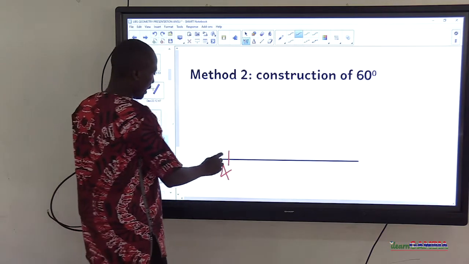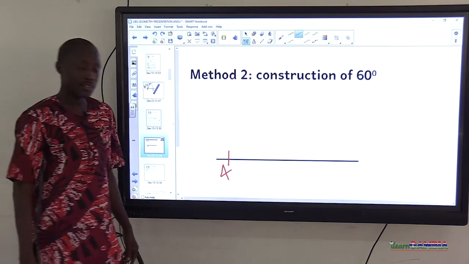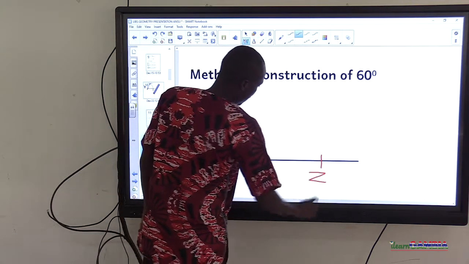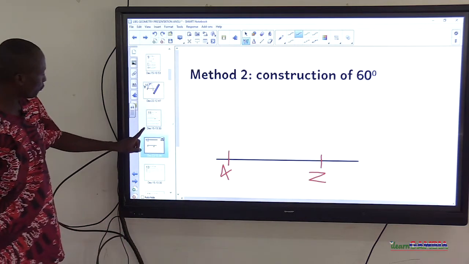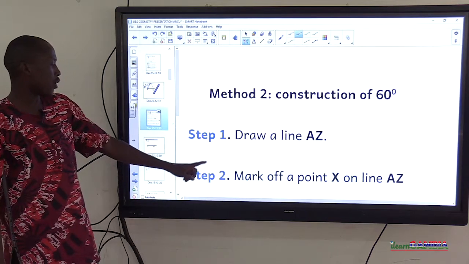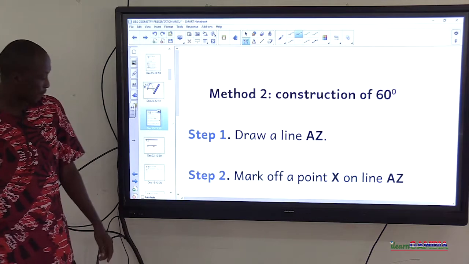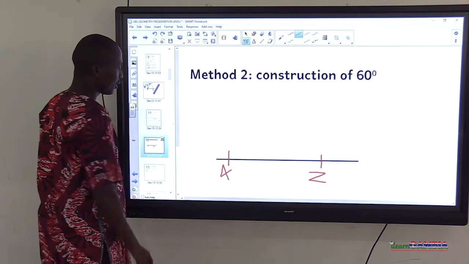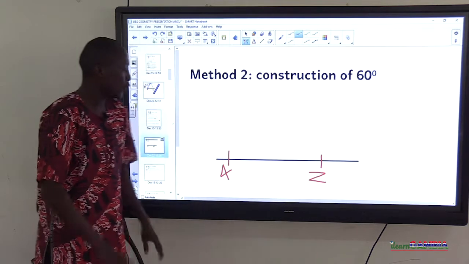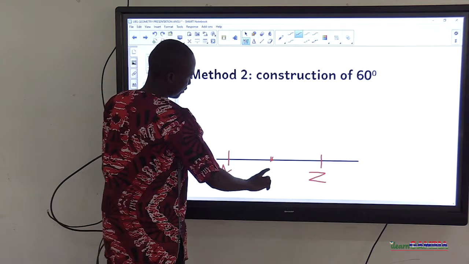We draw a straight line and mark 2 points on it, A and Z. Then step 2. Step 2 says mark a point X on the line AZ. That is, at any point on the line AZ, you mark a point there and call that point X.